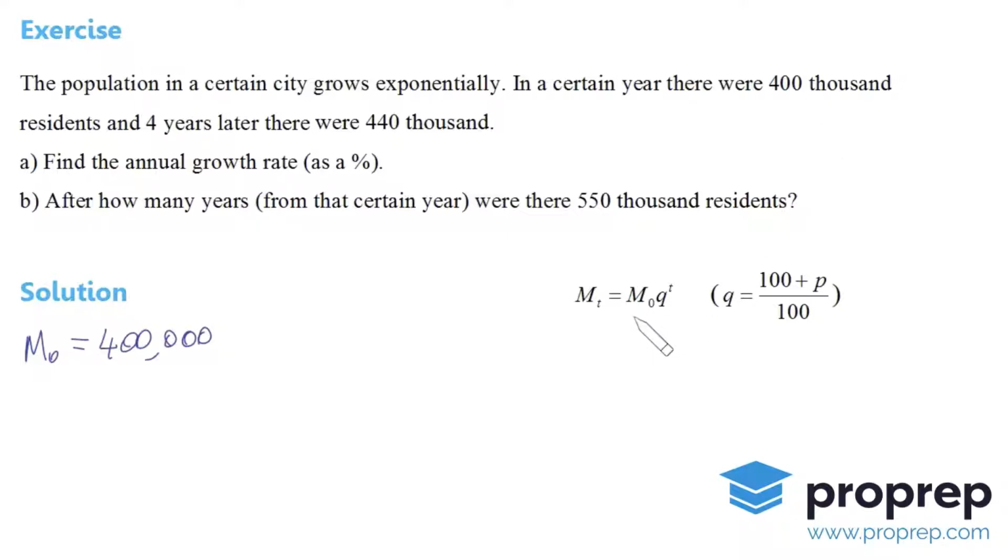And I also know that M4, which is really M_T when T is 4, is 440,000. From this, we could determine Q, and when we have Q, then we could answer part B by letting M_T be 550,000. But okay, let's stick with part A first.